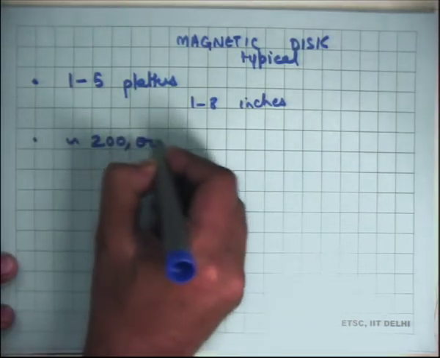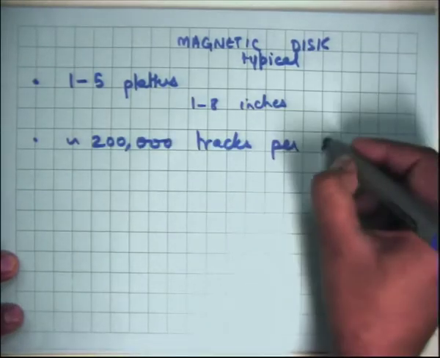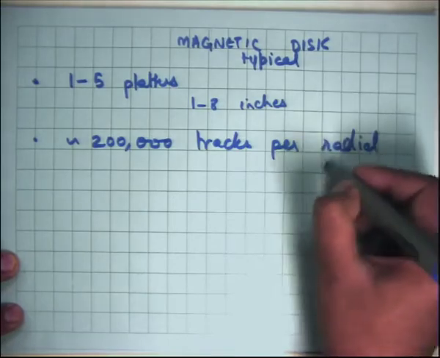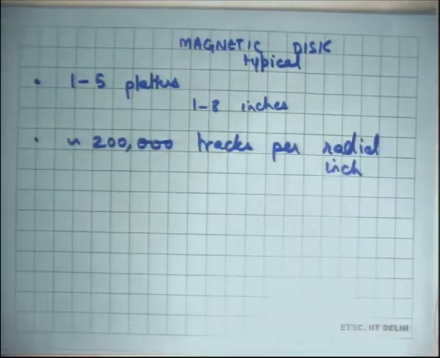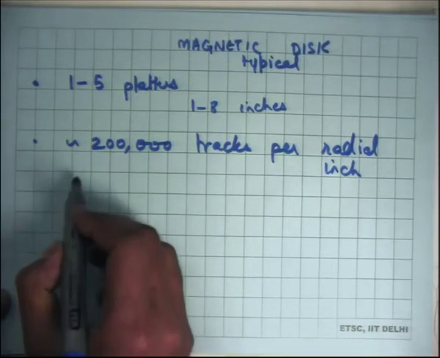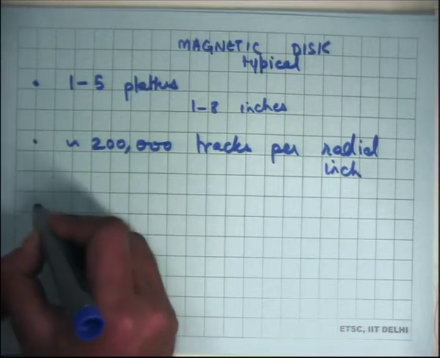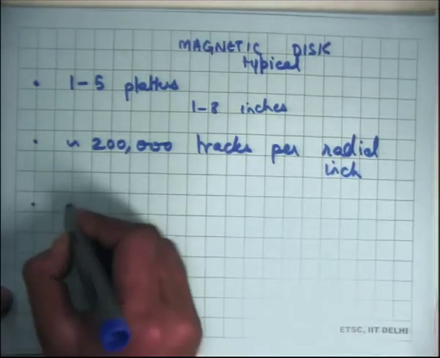Roughly 200,000 tracks per radial inch, right? So that's the density at which the tracks are packed radially. Recall that a track is basically a circle on the platter, so there are concentric circles, and each circle is called a track, right? And so the typical density today is 200,000 tracks per radial inch.